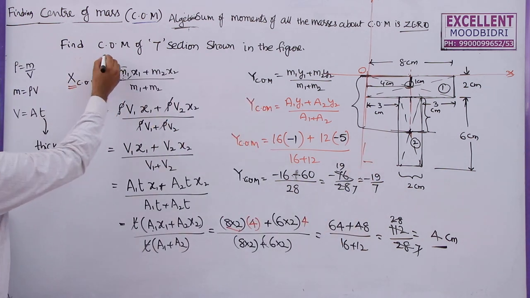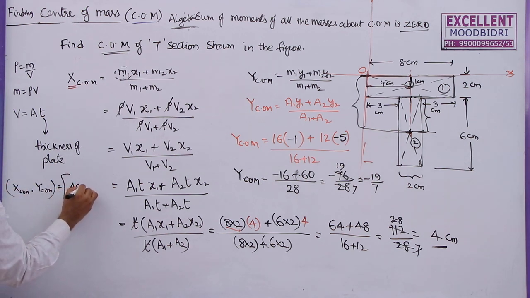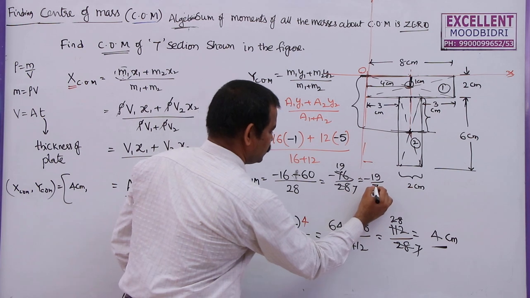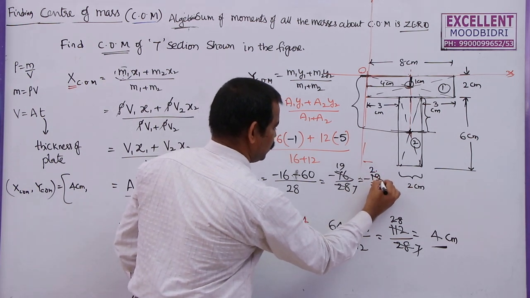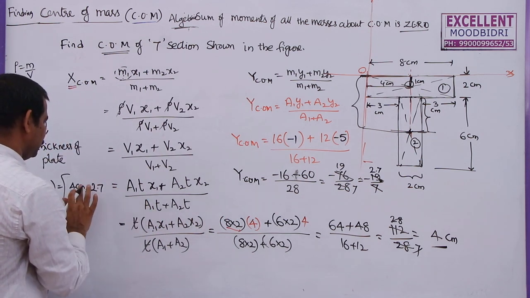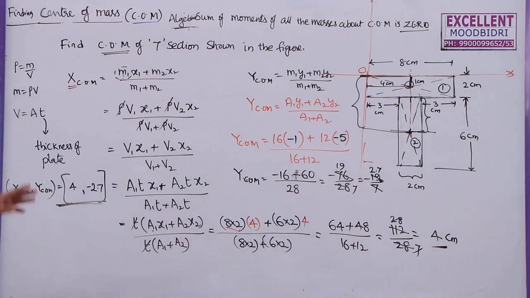So finally the center of mass of the T section, XCOM comma YCOM, is given by 4 centimeters comma, and this y coordinate is minus 19 by 7, or you can simplify this one also. 7 2s are 14, 50 will be there, 7 7s. So this will be around minus 2.7 centimeters. So this is the final answer for this problem.